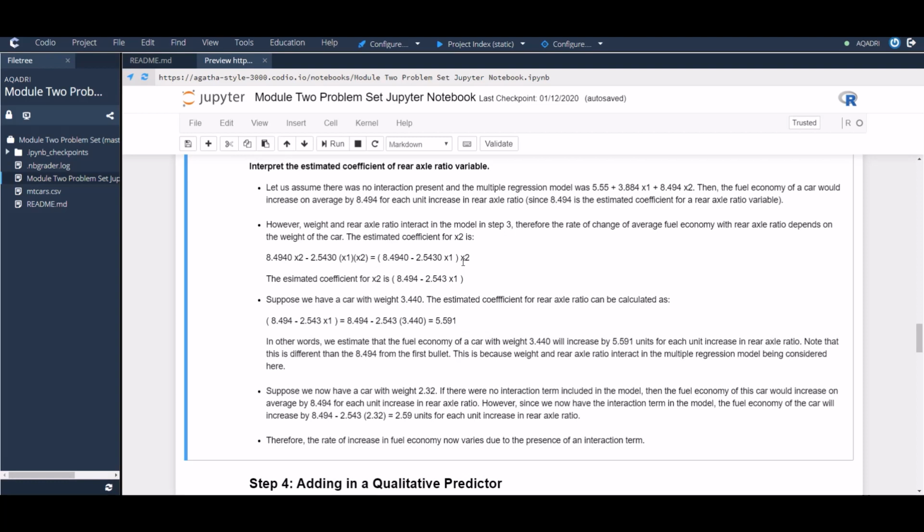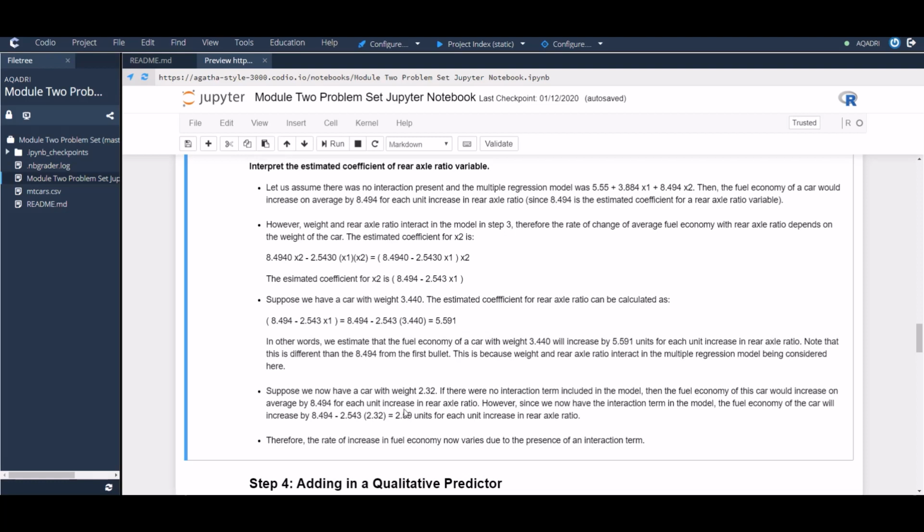Again, we plug that into this equation, and you'll notice that we get 2.59. So now the average fuel economy is increasing by 2.59 units for each unit increase in the rear axle ratio.